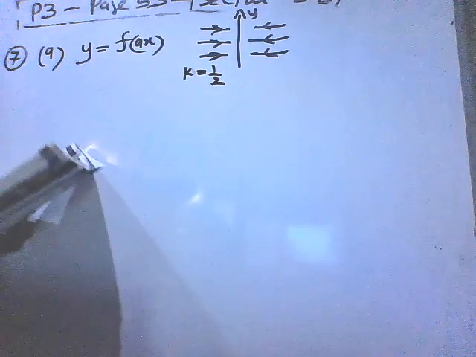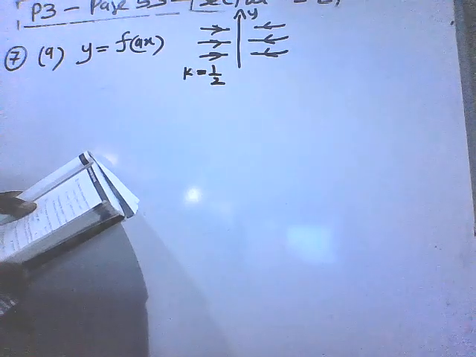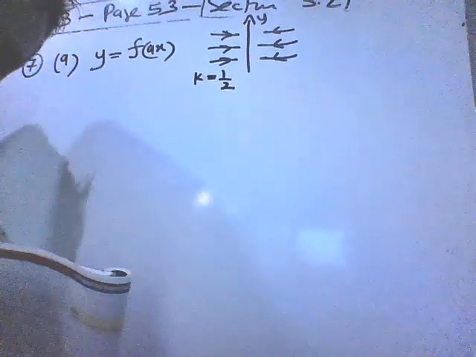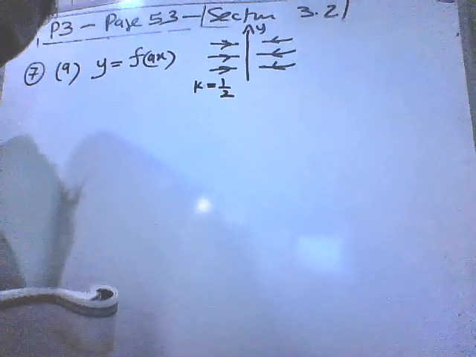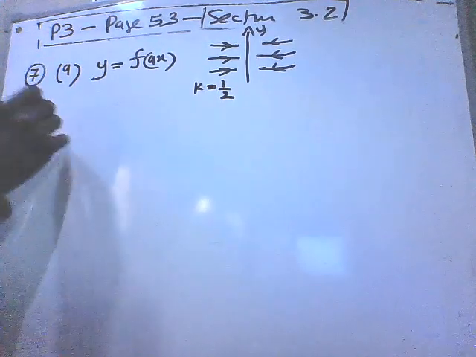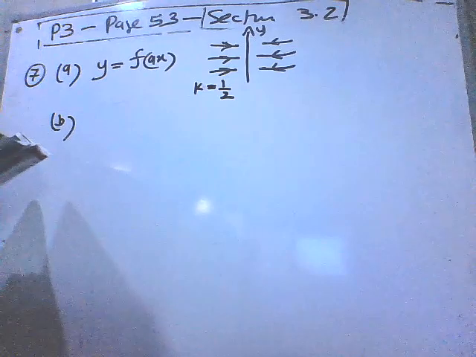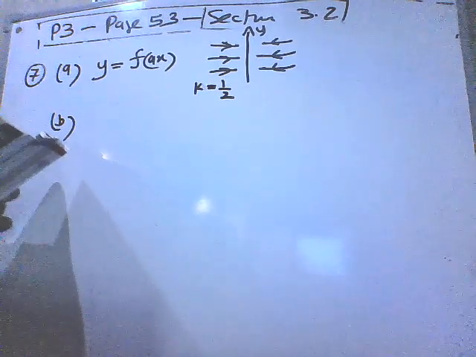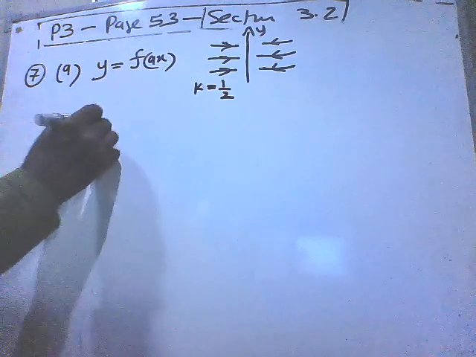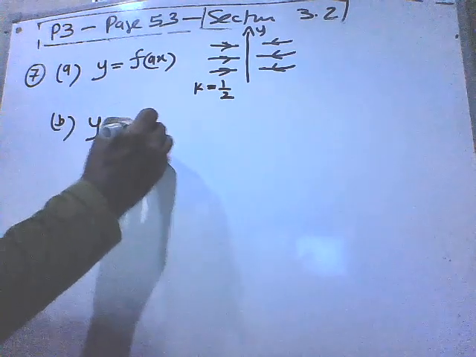So you have to draw sec theta, and then take all the points onto this one. Part B is y equals minus cosec theta. That means it is the transformation of y equals minus f(x).